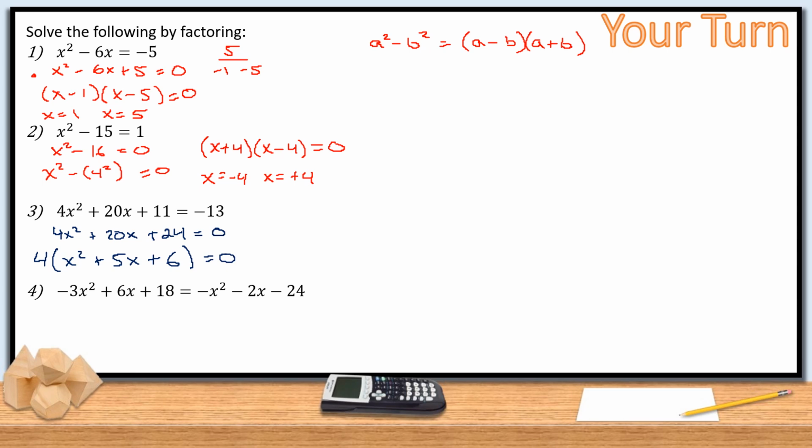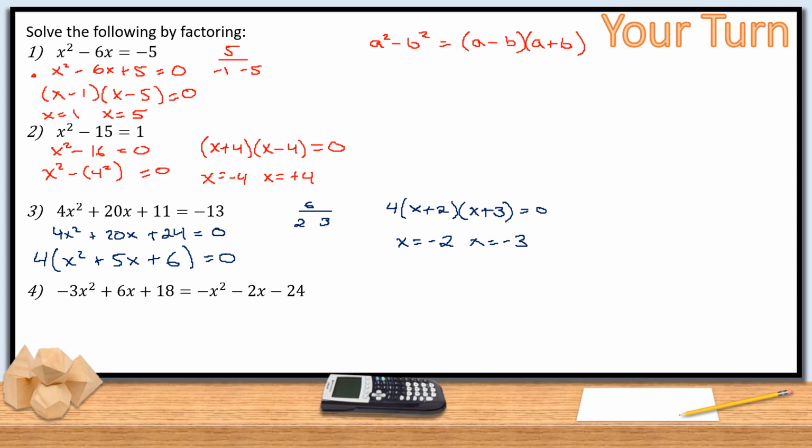Factors of 6 that add up to be 5. That would be 2 and 3, or 3 and 2. It doesn't matter. They're both positive. So we would write this in factor form as 4 times x plus 2 times x plus 3 equals 0. And that means 4 can't be equal to 0, so my solutions are x is minus 2 or x is minus 3.